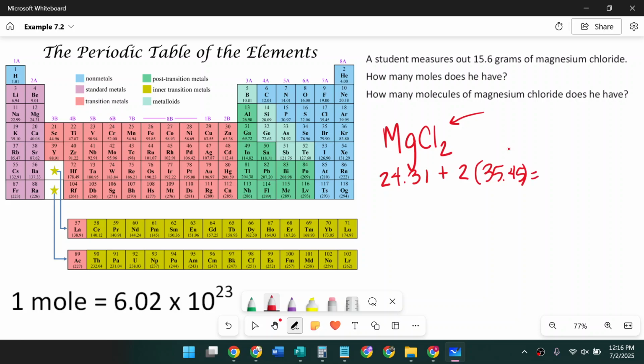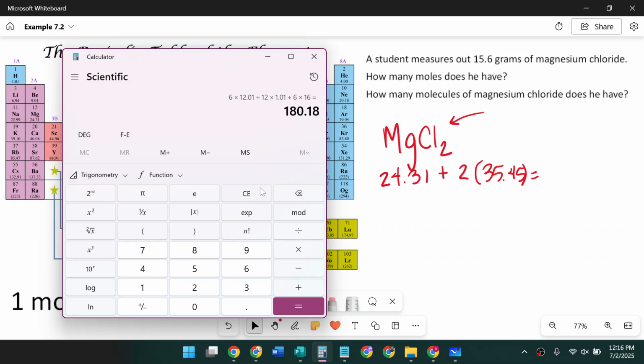Now remember, when we do these, we are really adding 35.45 to itself 2 times, so we only have to worry about the rules of adding significant figures. Since 24.31 is to the 100th place, and 35.45 is to the 100th place, our answer is going to be to the 100th place.